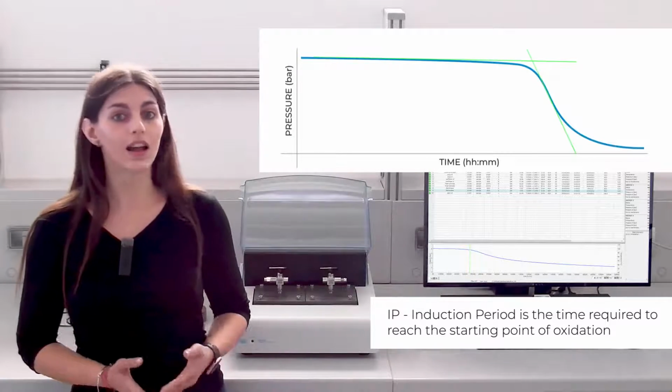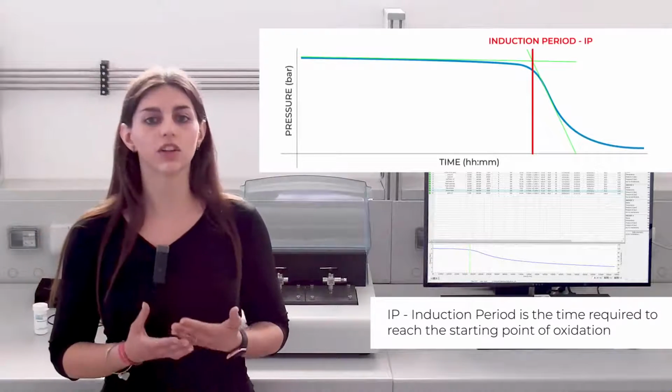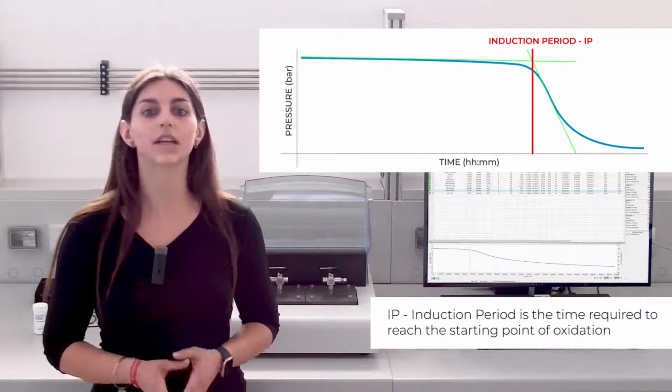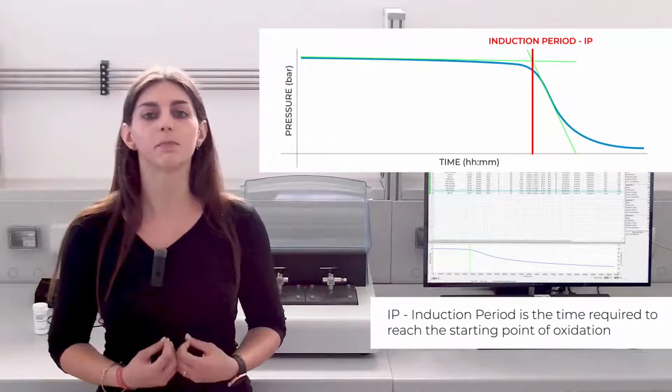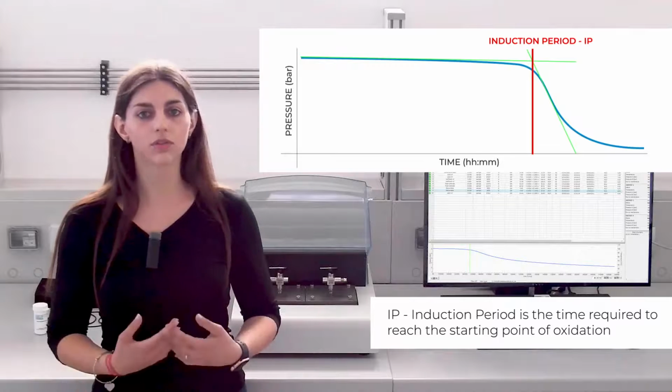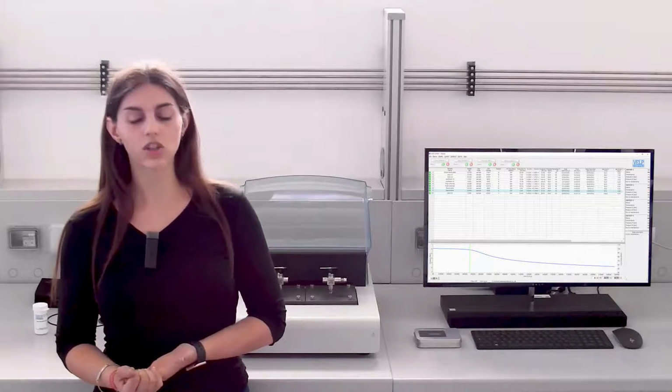And the IP, as I was mentioning, is generated automatically because the Oxitest is powered by the Oxysoft software, which allows to generate IPs for further analysis, so many different IPs for several applications.